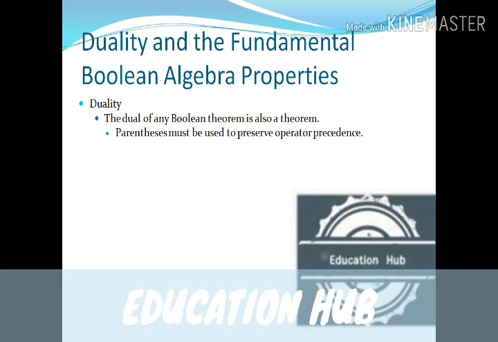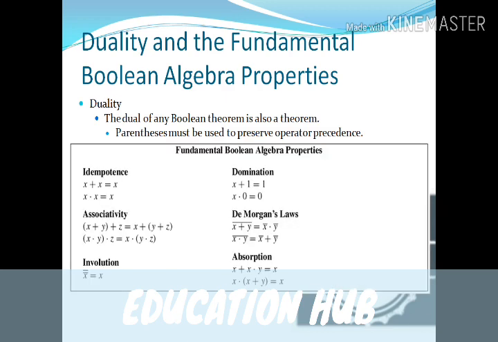Here the duality and fundamental properties of Boolean algebra are also given. Here also I am asking you to follow the screen please, because all the formulas of Boolean algebra's properties are given. I am explaining the duality. Duality is the Boolean algebra's theorem. It shows both ways, that means both ways it will be applicable.